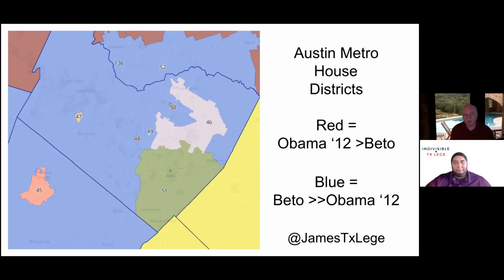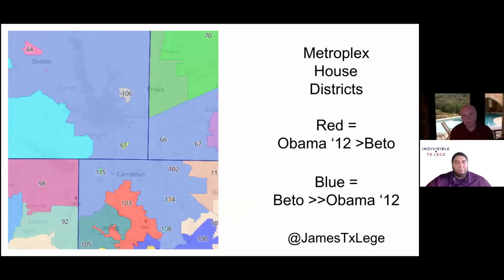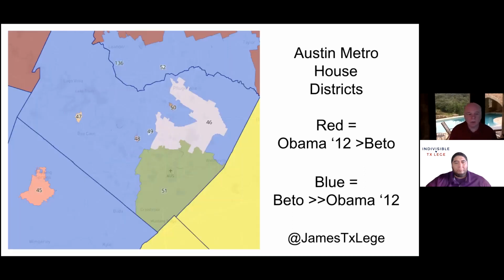One thing you'll note, if we go back 1 slide, is Denton County, where there's a huge university, North Texas, and I'm sure that had something to do with what happened. Likewise, Texas State University is in San Marcos in Hays County, and that's one of the reasons 45 trended blue so heavily.